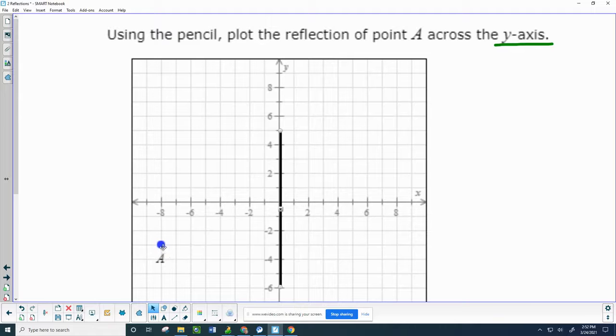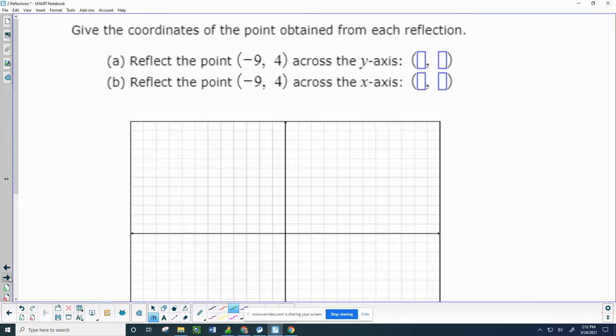So if this point is over here, to reflect it across that axis, we have to basically take the point and recreate it same on the other side, the same distance it is on this side. So it's over at -8, so we're on the same line, 1, 2, 3, 4, 5, 6, 7, 8, and that's where our new point is. So there's the reflected point, or A prime. Good. Okay, keep it going.